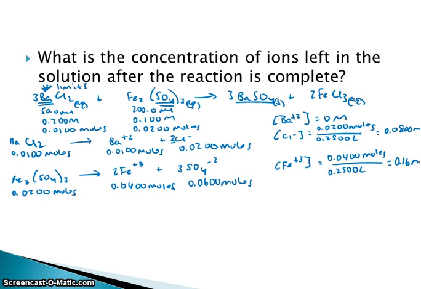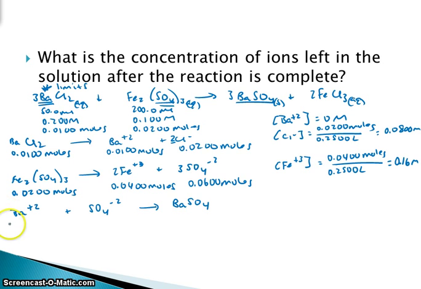The last ion we have to think about is the sulfate ion. And there's an issue with the sulfate ion. This is how much sulfate ion we started out with. But some of it's going to react with the barium ion to form a precipitate. We need to find out how much of the sulfate ion reacts, how much sulfate ion is left in excess, and then we can calculate the concentration. So the barium ions from the first solution are going to react with the sulfate ions from the second solution and precipitate as barium sulfate.